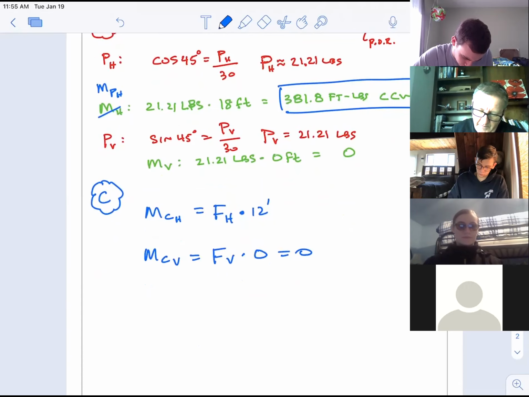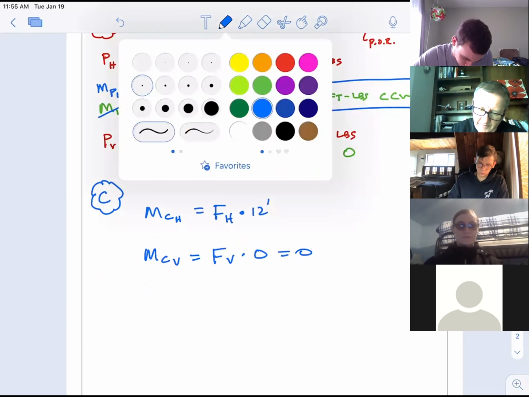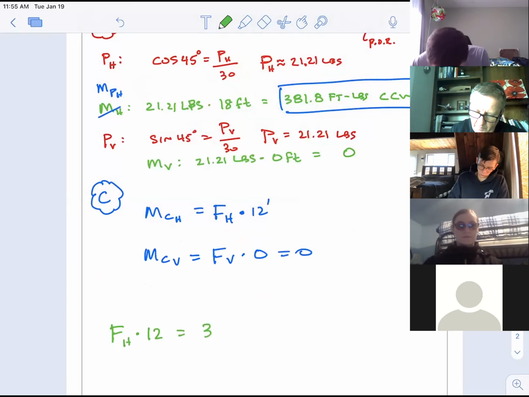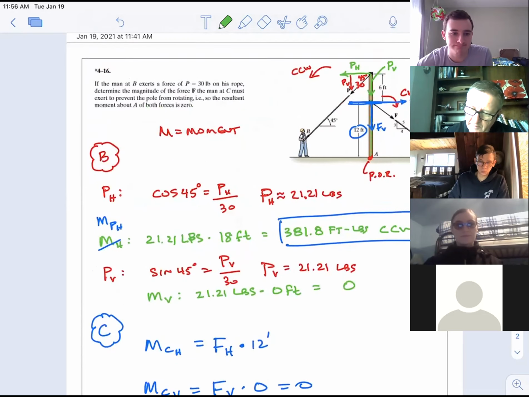So does it make sense then, in conclusion, that I really need force H times 12 to be equal to 381.8? Do you agree with that? Because this person is pulling the other direction, which as we said is actually clockwise. So they're pulling against each other.